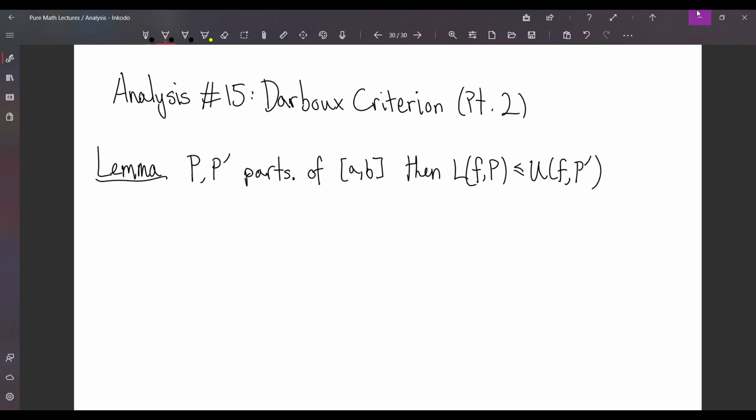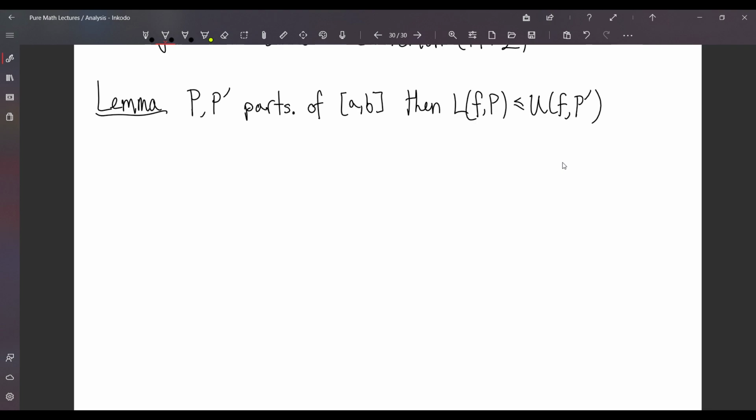So essentially, it doesn't matter what partition we use, upper sums cannot be smaller than lower sums, which is not very intuitive, but it's a very nice result.